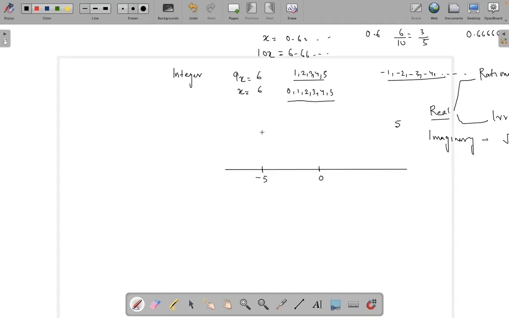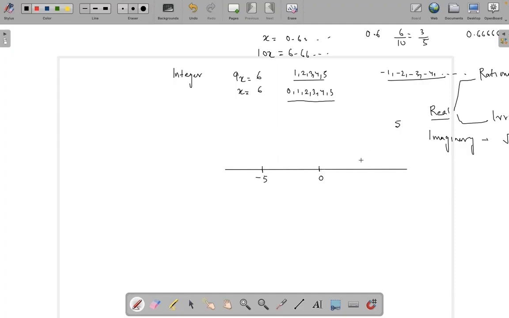So basically integers, you can represent them on a number line, right? If we have negative integers, and you want to represent them on the number line, they will be to the left of the origin. And if you want to represent a positive integer, it will be to the right of the origin, right? If you want to represent 0, it will be at the origin itself, right?